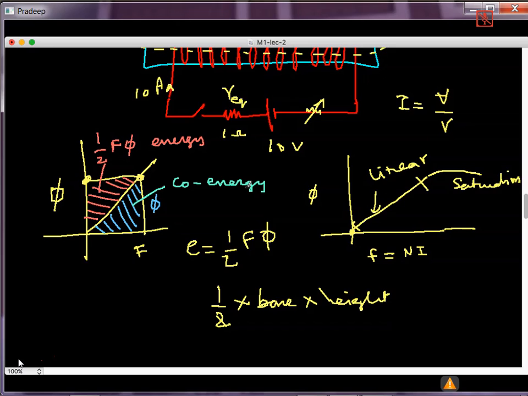So if you draw this plot, the relation between F and flux, then you can find energy and co-energy. Both are equal in a linear case. Now if I increase the field strength, the flux will also increase and more energy will be stored. That is about energy and co-energy of a magnetic circuit.